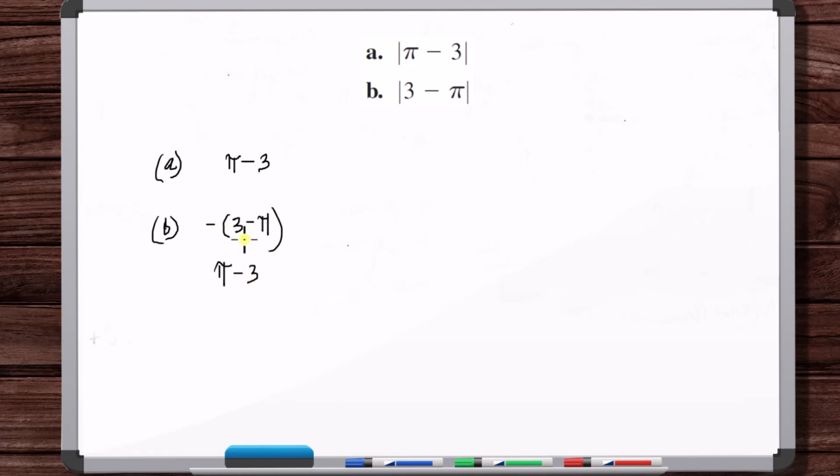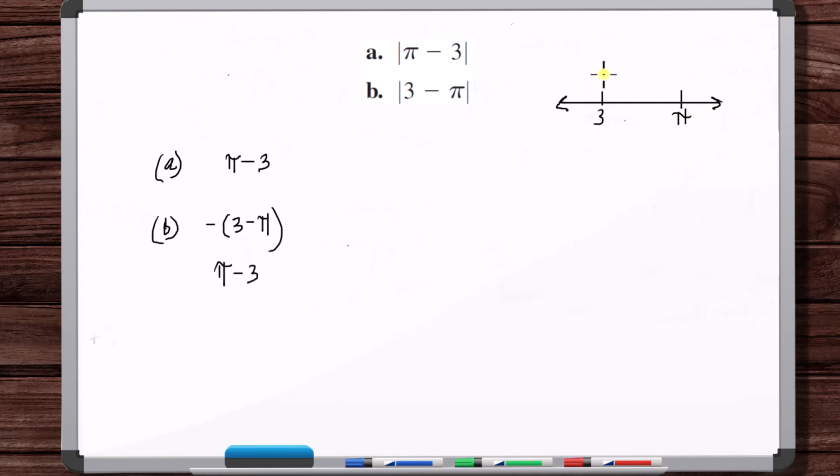and this once again is pi minus 3 when you distribute the minus. You can think about this on the real number line. Say this is 0. Let's just say we've got 3 here and pi here.